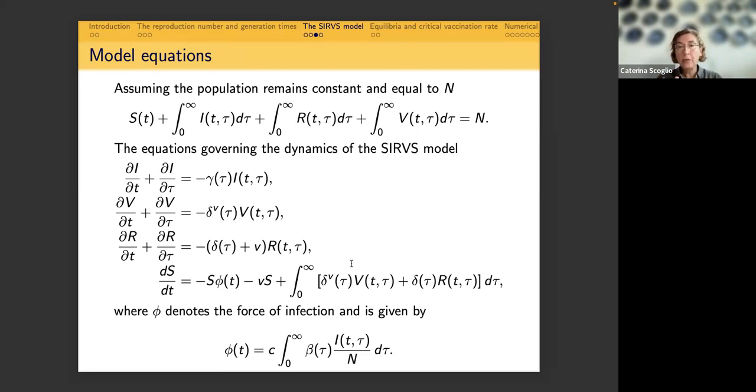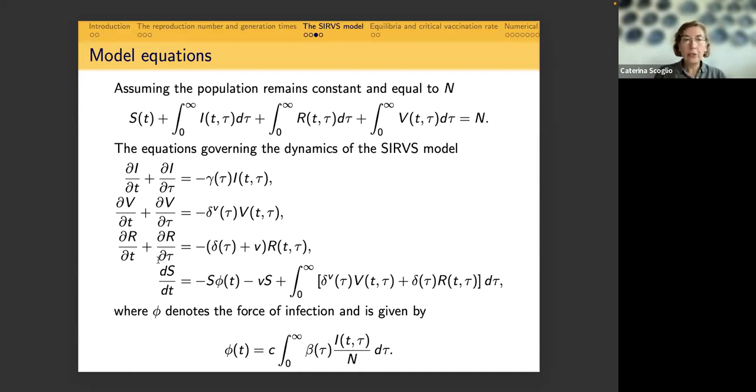The important thing to consider now is that there is another variable in addition to t, which is the normal variable of the ODE, which is tau, the age of permanence in that compartment. And so we have the first relationship that says that the sum of the population remains constant under our assumption. We don't have demography.